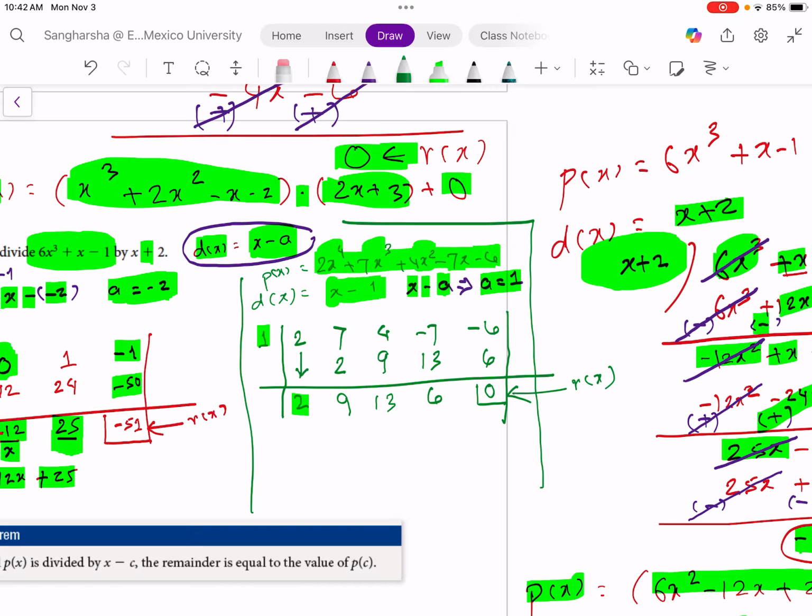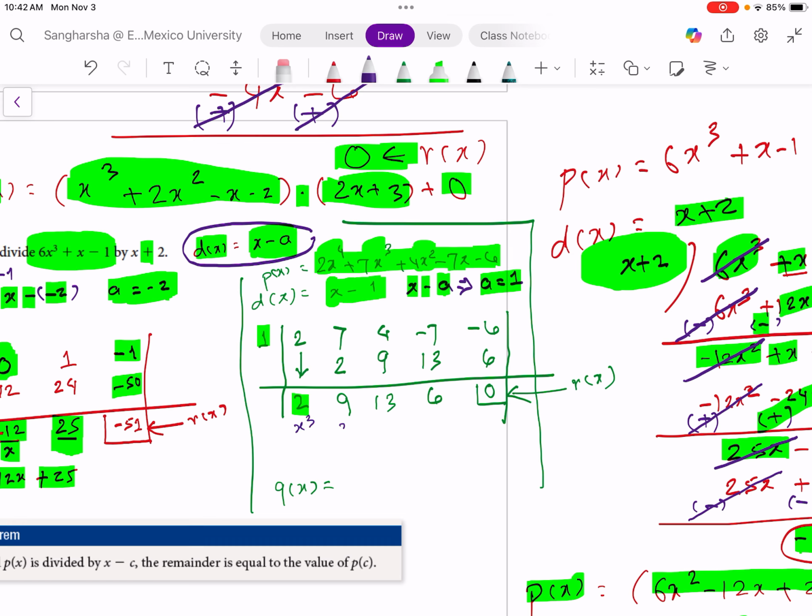Next we have to write down the q of x. So our target is to find q of x. Before that you need to know the degree of the polynomial. What is the degree of the polynomial? 4. Now the degree of the quotient will be 3. It will be less by 1. And to have a degree 3, what should be our first term? It should be the x cubed term. So this is our x cubed term.